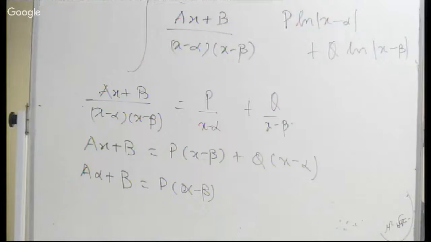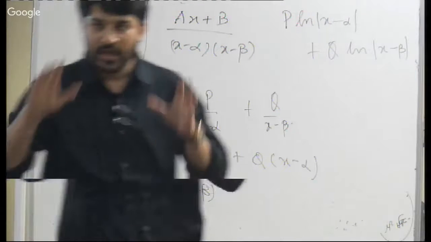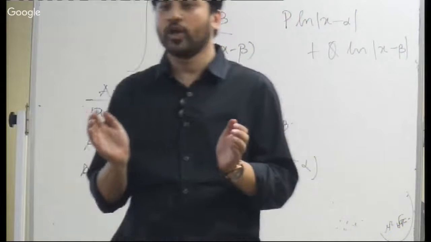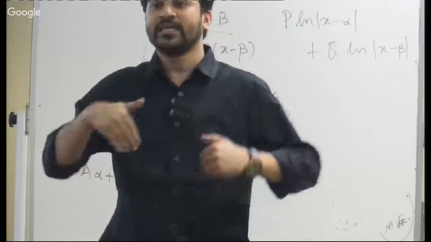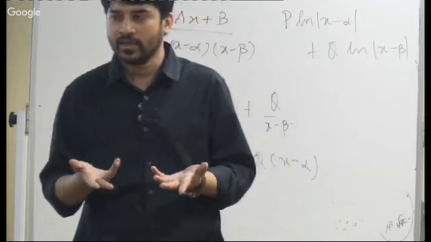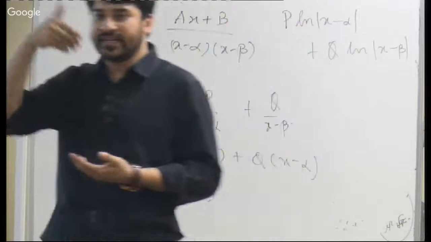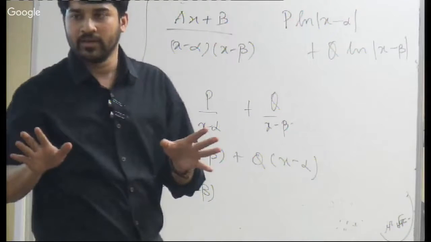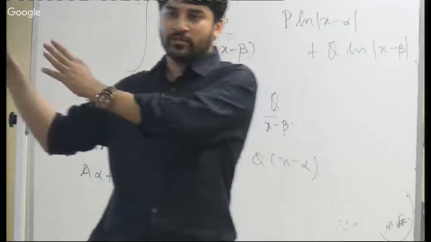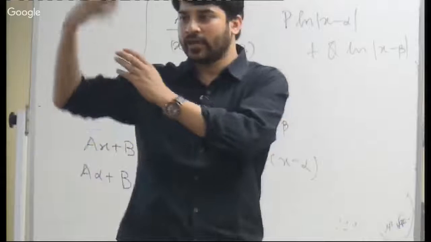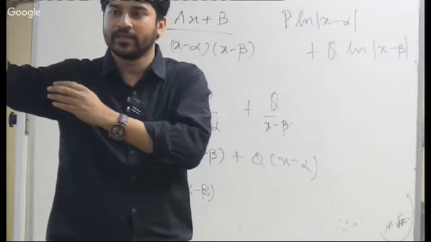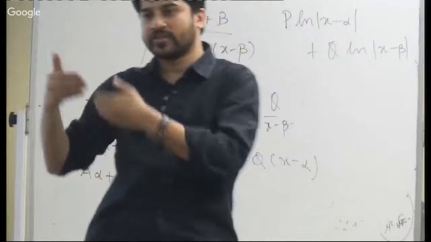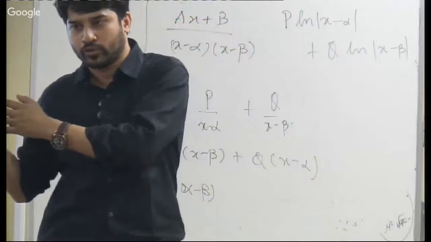Understood? What is partial fraction? We have to observe an integrand. If I see a polynomial function in the denominator and a polynomial function in the numerator, if the degree of numerator is higher than the degree of denominator, we are going to divide it and find the quotient. The quotient will depend on by how much higher my numerator is. If it is of the same degree, the quotient will be constant.